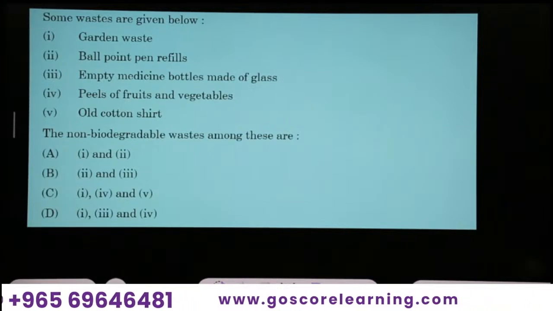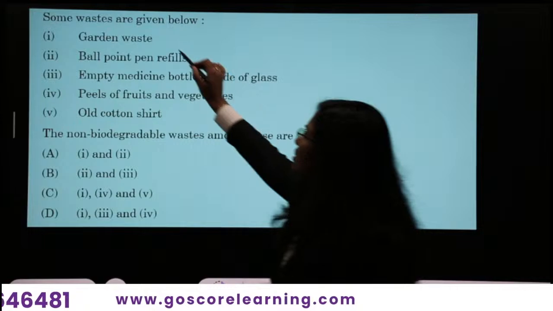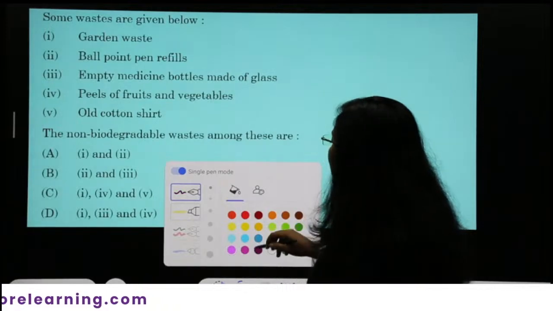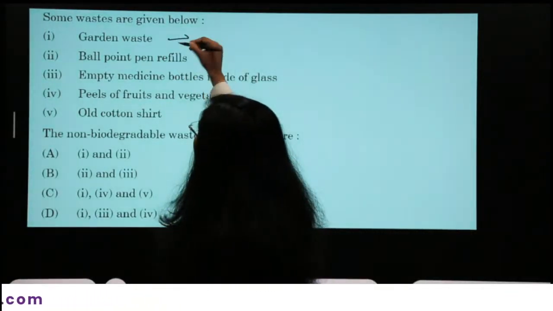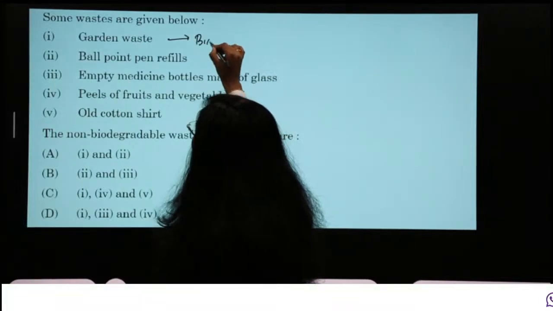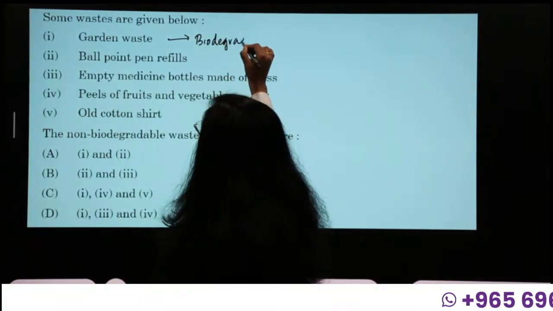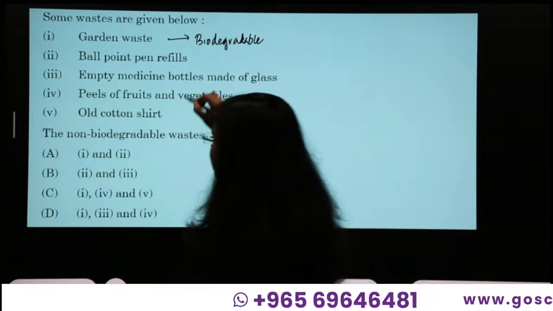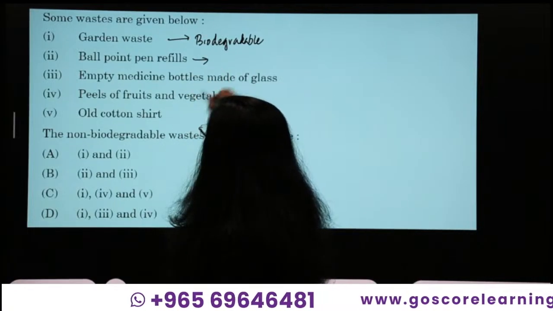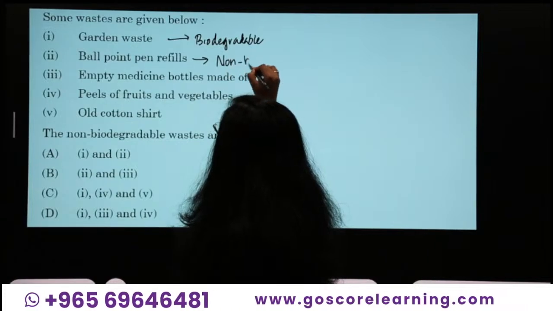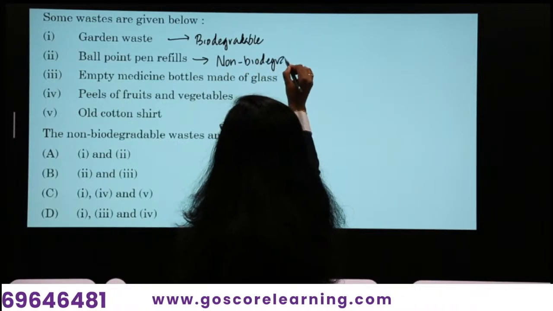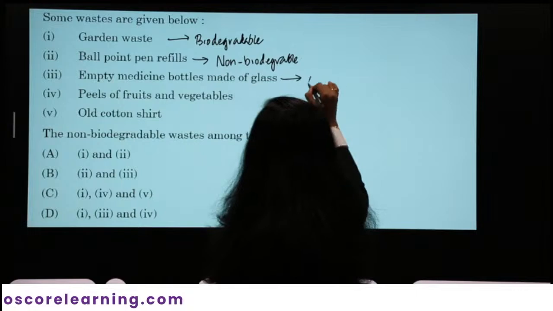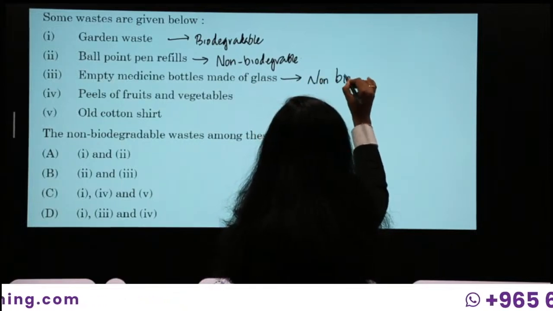See here, the garden waste. We can consider garden waste as a biodegradable substance. The second one, ballpoint pen refills, is non-biodegradable. The third one, empty medicine bottles made of glass, is also non-biodegradable.